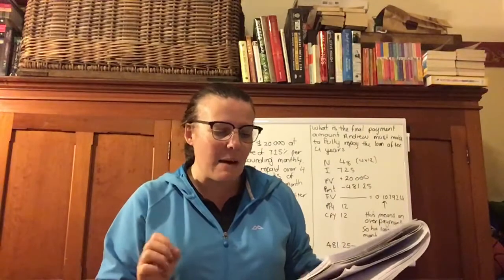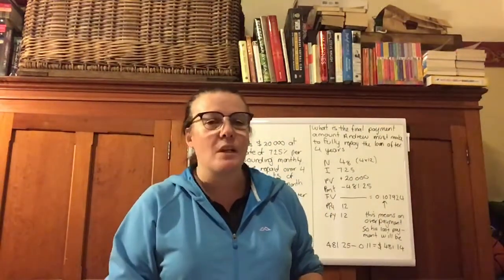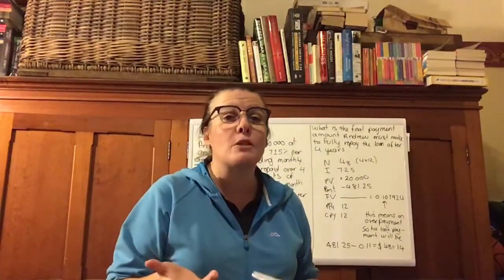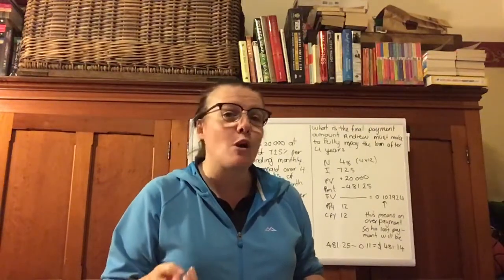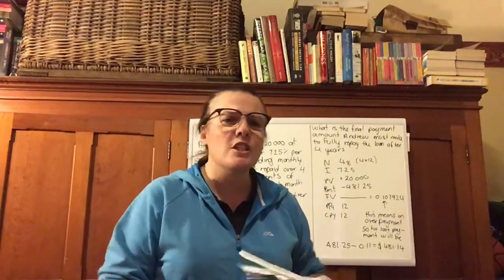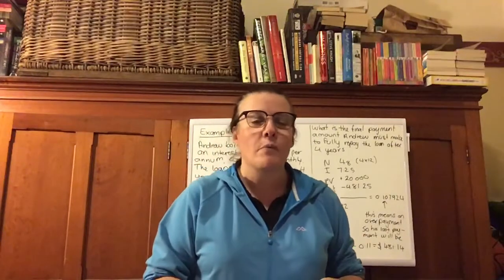CPY is the number of times the interest is compounded per year. So sometimes the interest is compounded monthly, so that could be 12 times a year. Sometimes the interest is compounded quarterly. That's 4 times a year. So you just have to read the question and work out what the compounding period is.